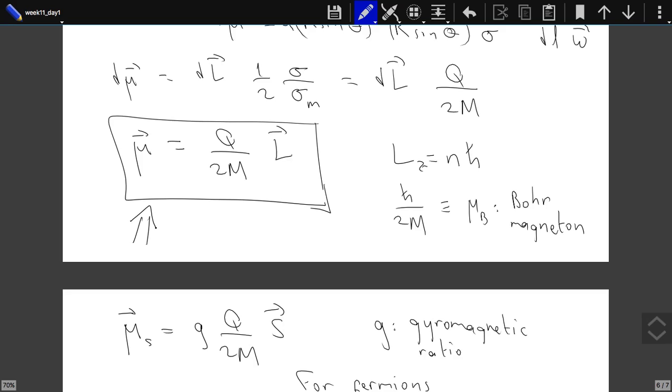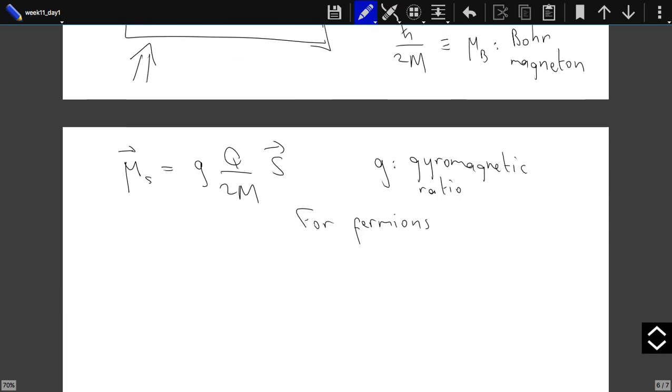This much should already make sense. The expression in the rectangle is classical physics from your first year, even. So spin, you have already taken 300 quantum physics. You should have discussed that the electron has this property called the spin.